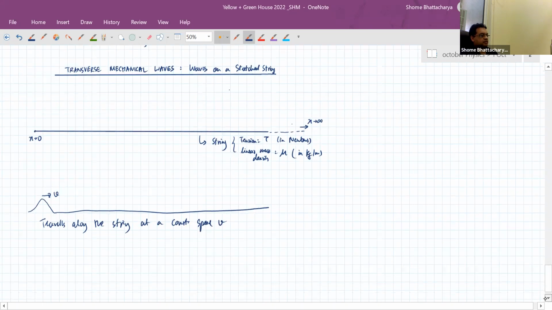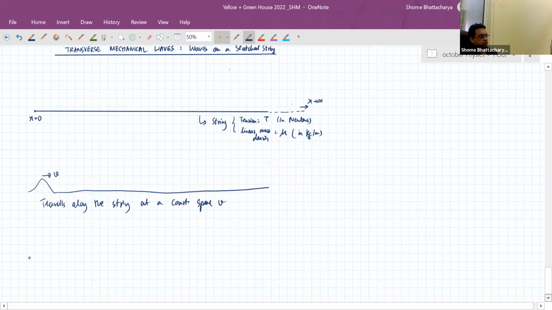So now if we create a series of pulses by making the end O oscillate up and down, then what we'll see is a series of pulses with peaks alternating like this on the positive and negative side of the mean position. This kind of a shape travels along the string. So after some time, we'll see the shape of the string has become like this.